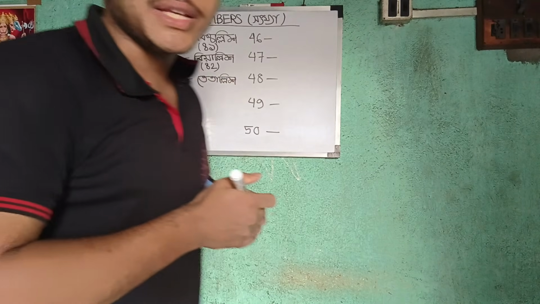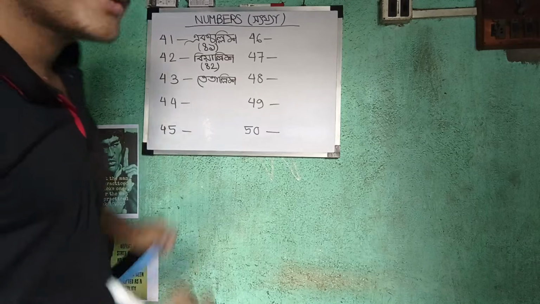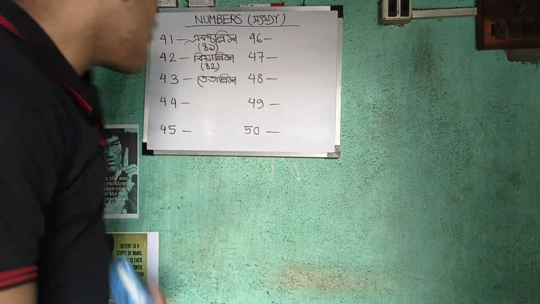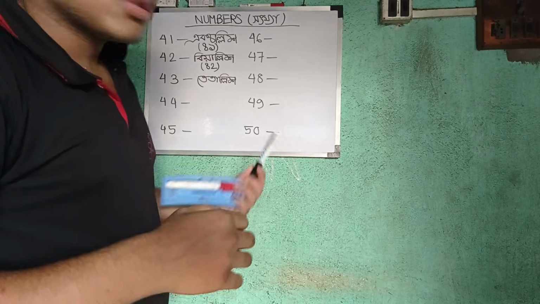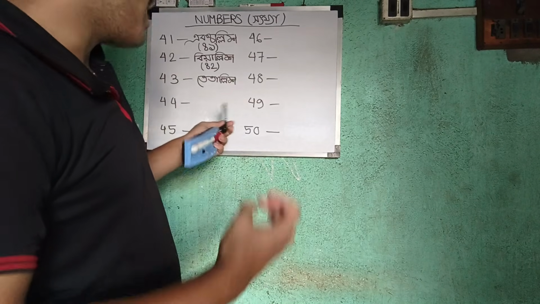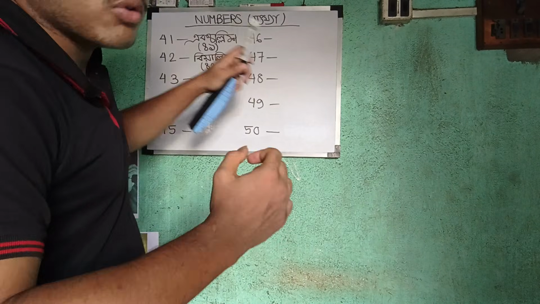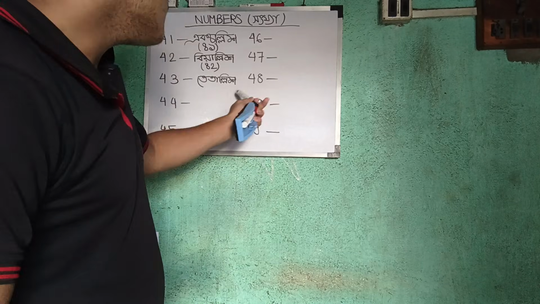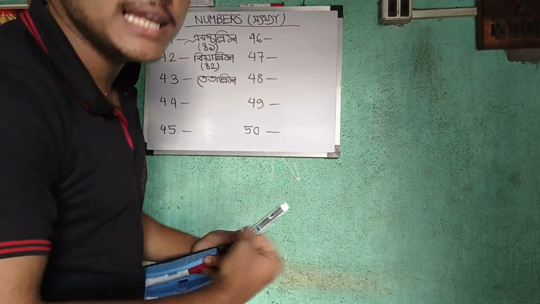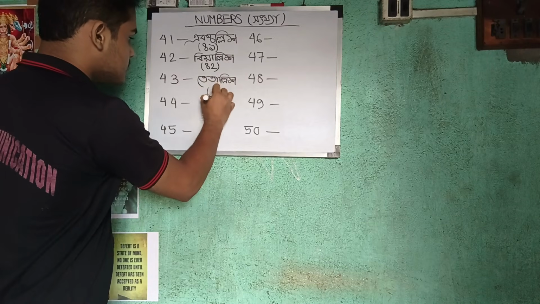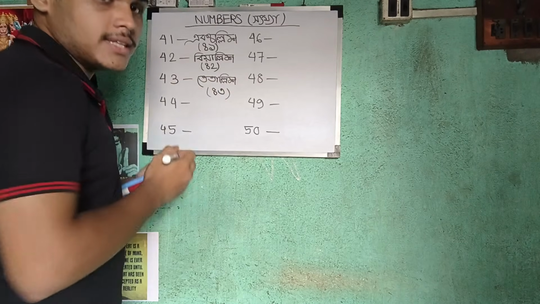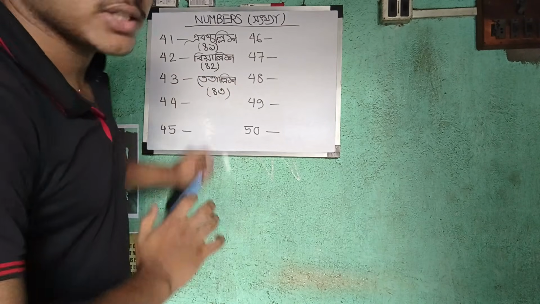So 41 means ekchallish, 42 means biyallish, and 43 means tetalish. So how can we write it? This is 4 and this is 3 means tetalish.